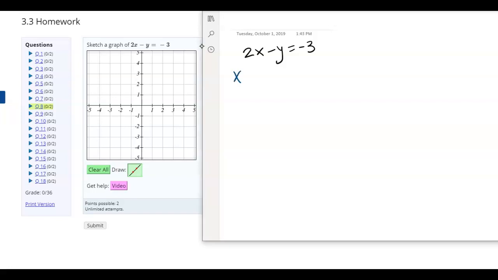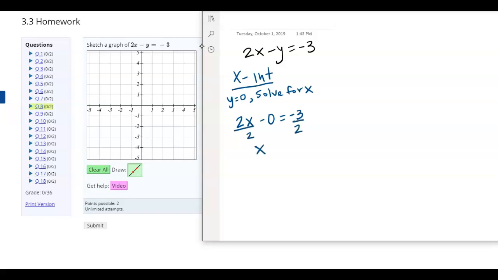So if I'm trying to find the x-intercept, remember that means I'm going to let y equal 0 and then solve for x. So when I do that in this case, I have 2x minus 0 equals -3, and then on this one I'd have to divide by 2 to get x by itself.